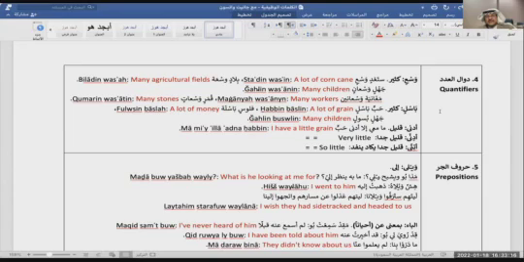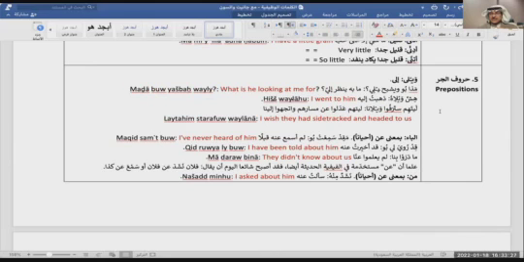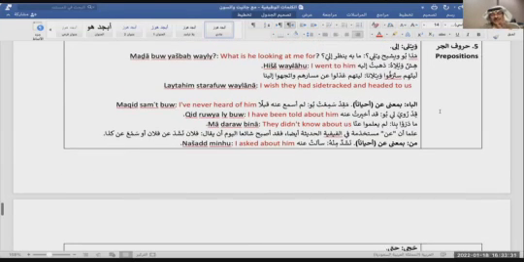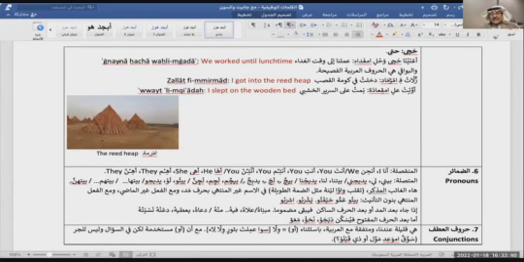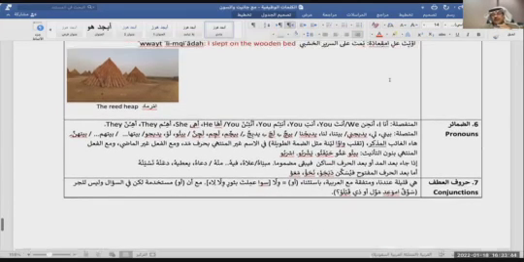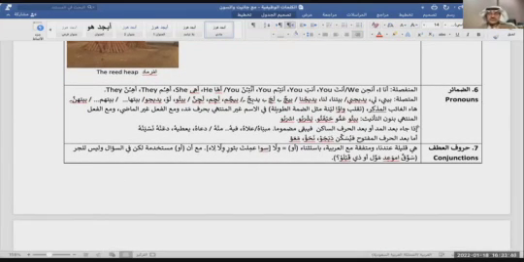For the prepositions, we use wayla, which means ila, and alba, something can be instead of an, like "I didn't hear about him." Hacha means hatta, or to.